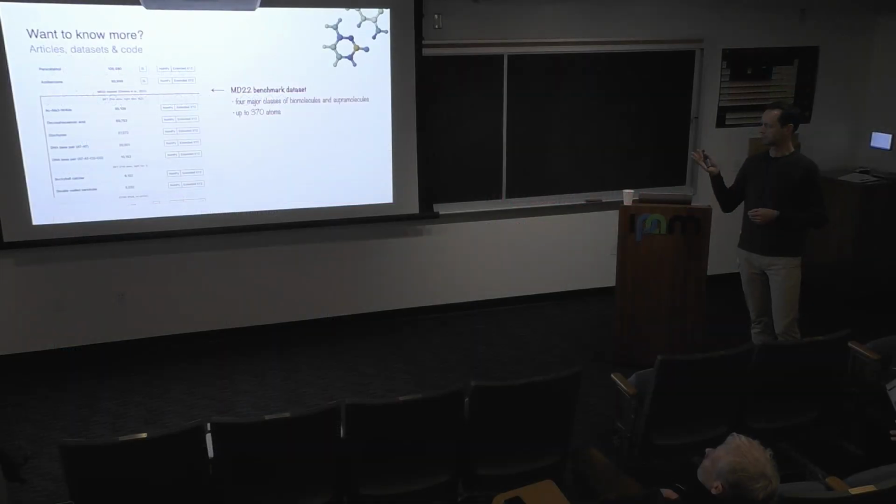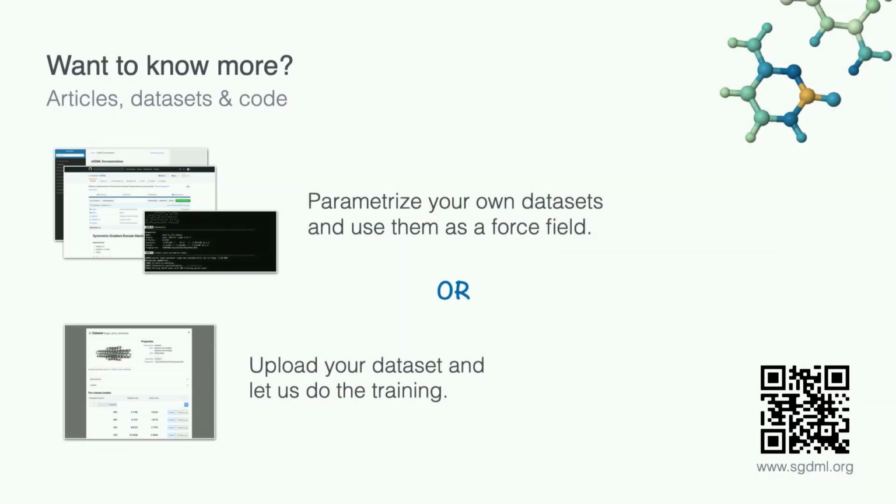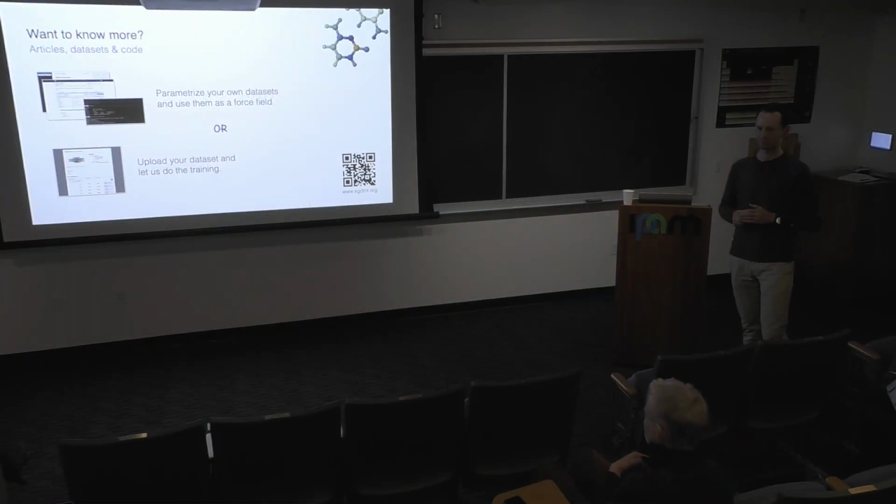This set of problems scales up to a few hundred atoms. If you want to play around with this data set, we invite you to go to our website and try it out. We also have our models there that you can try out, and build your own force fields.